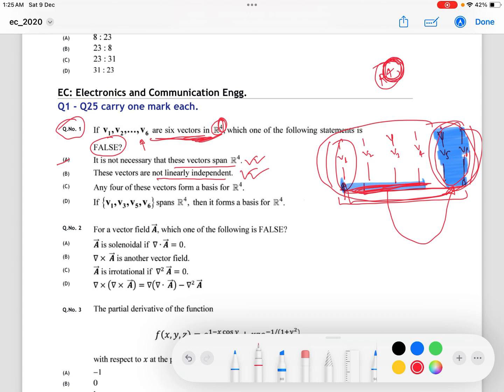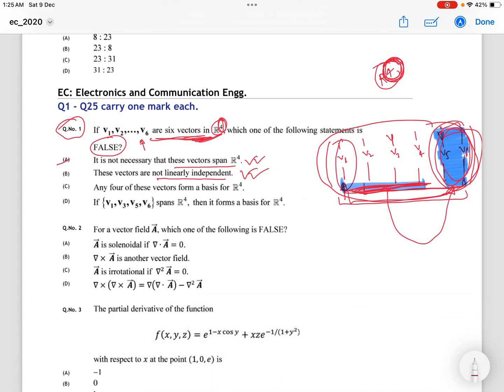These two vectors should not contribute to any other dimension, right? So these two vectors, or any two vectors, will be a combination of the other four. So that statement is correct: these vectors are linearly dependent, because all six are from R4, right?